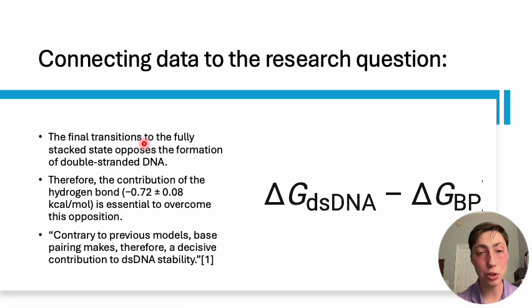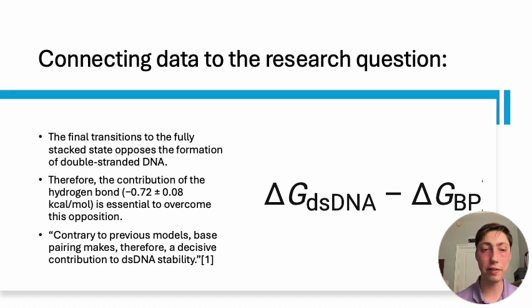Therefore, the contribution of this hydrogen bond, which from the previous figure we just assumed to be on average this value, that hydrogen bond is essential to overcoming that opposition and reaching that fully bound state of double-stranded DNA. So this is the essential finding of this paper.